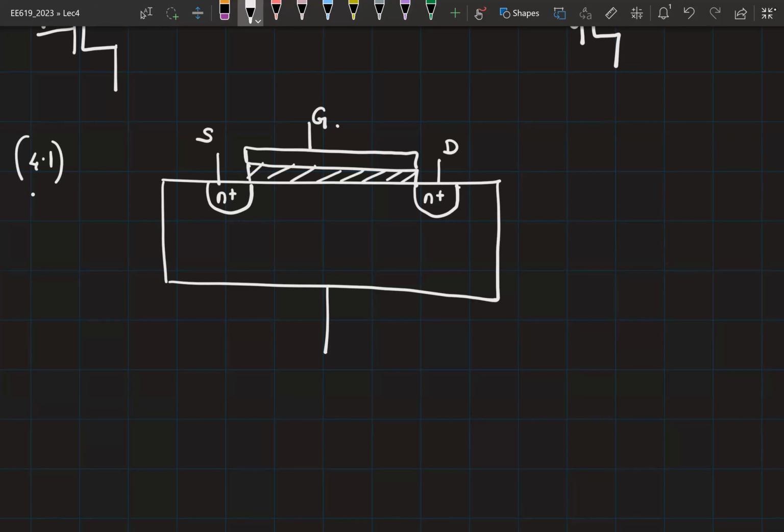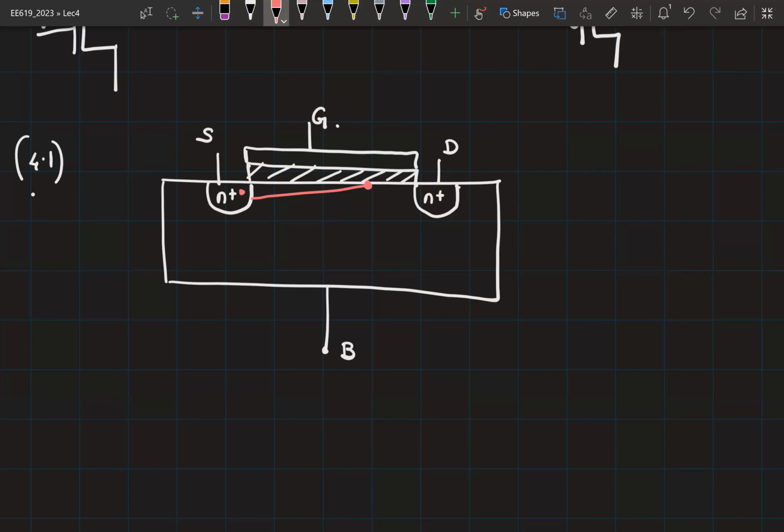Now we said that under pinch of saturation, your channel is going to get pinched off much before drain. So here is a question to think about. If your channel has already pinched off, how are the electrons from the source getting to the drain? So please think about this and see if you are able to figure out how this is happening. So the clue is, think about how the electric fields are acting in the small region.